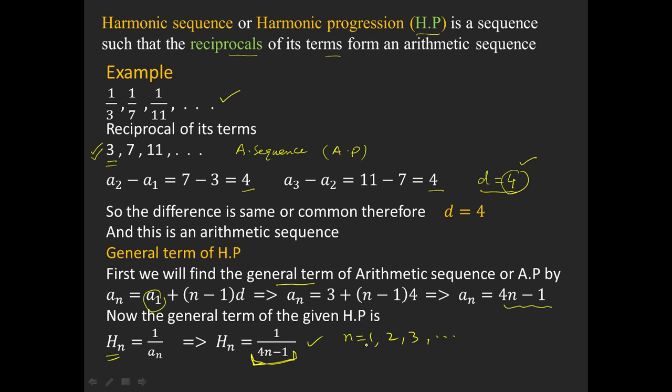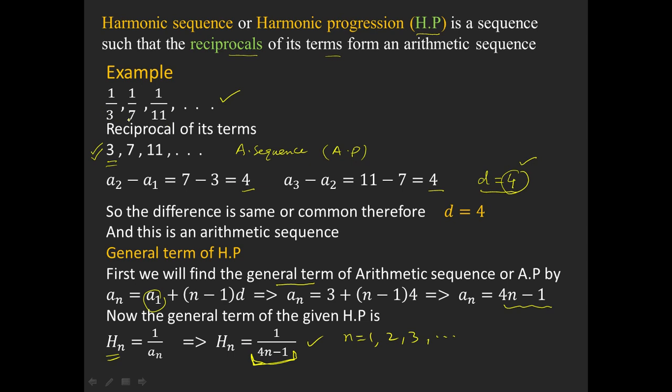So first put n equal to 1, we will get 1 over 3. If we put n equal to 2, we will get 1 over 7, and if we put n equal to 3, we will get 1 divided by 11. So it will generate the whole harmonic sequence or harmonic progression.